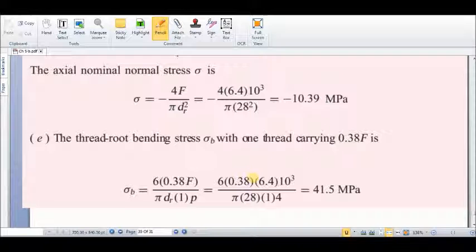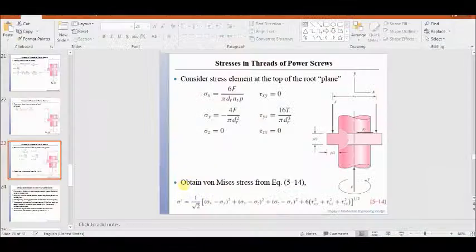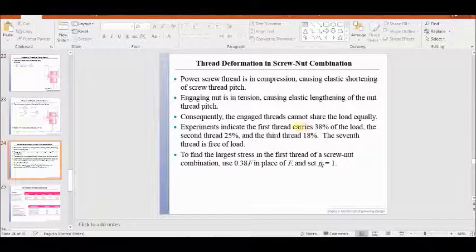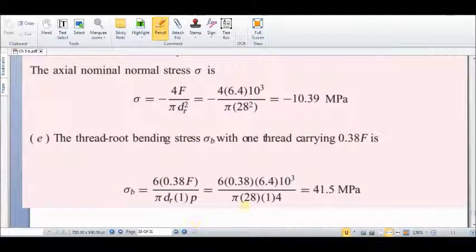But you have to remember that, due to the statement I just mentioned, the first thread will take 38% of the load, so you have to multiply 38% to the load. You want to find only at the first thread, so you have to consider the 38% of the load.